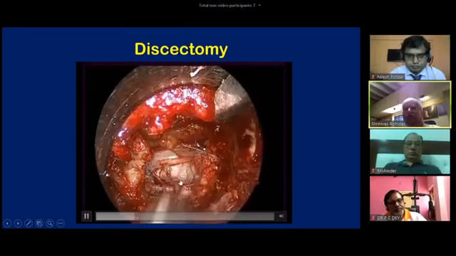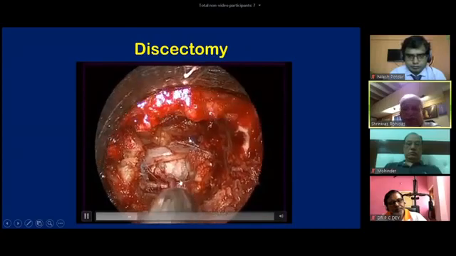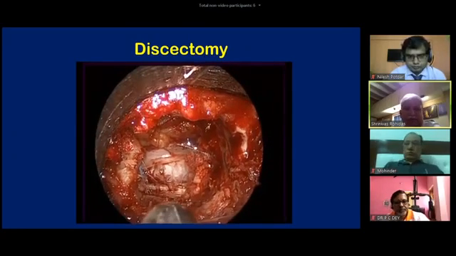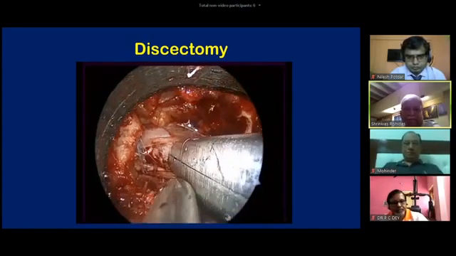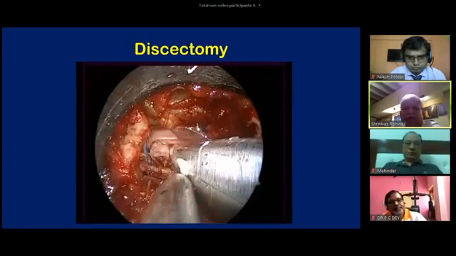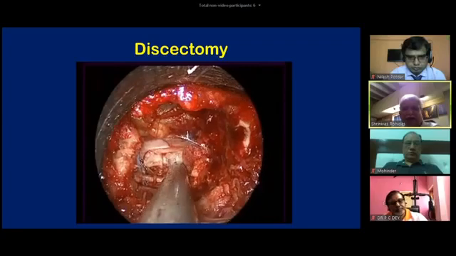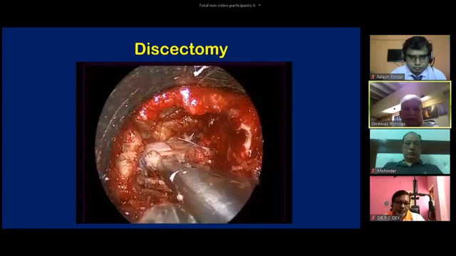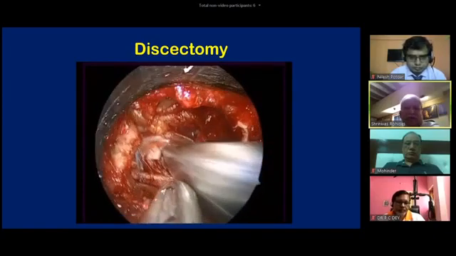This is the annulotome which we can use to puncture the annulus. We can use a 15 millimeter blade also. And we are removing the disc which is contained disc, which is degenerated disc. We don't do aggressive discectomy.